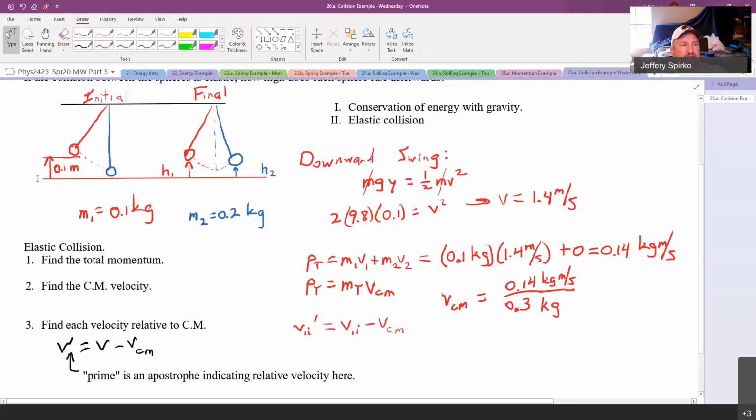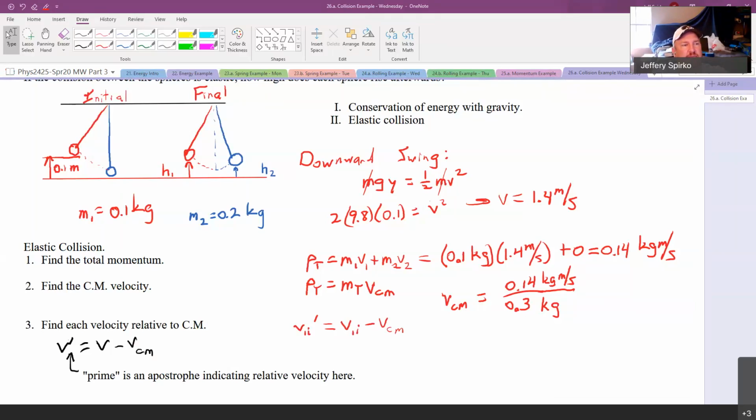It might make sense for me to do these calculations. V1 initial is that, M2 is 0, V2 initial is 0, and P initial is equal to that times that plus that times that.